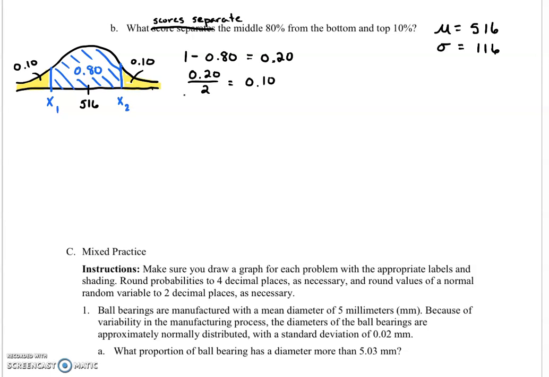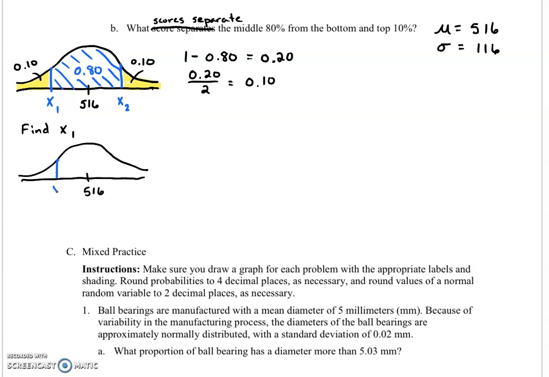Now, when we have this situation, we need to do 2 separate problems. So the first problem is find x1. We have our picture again with 516 in the middle.